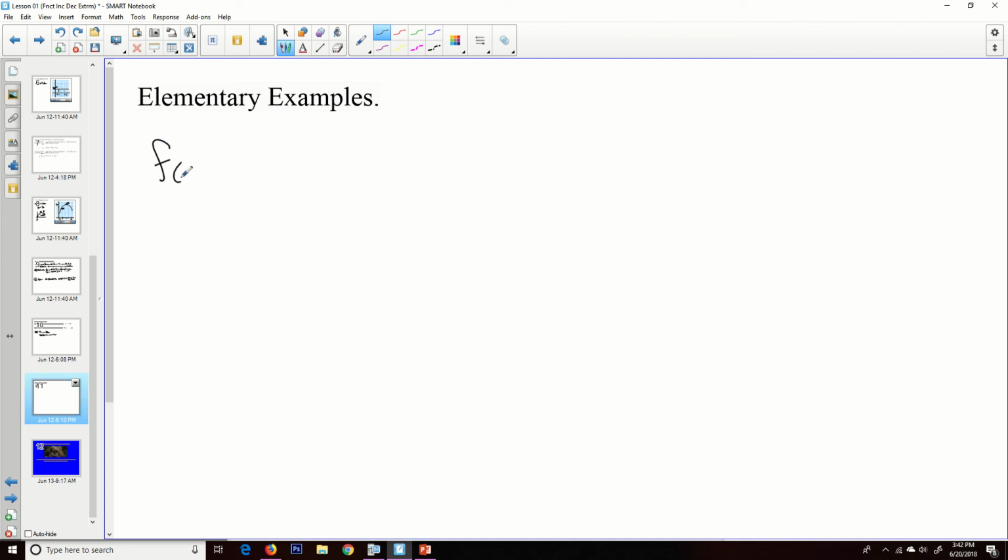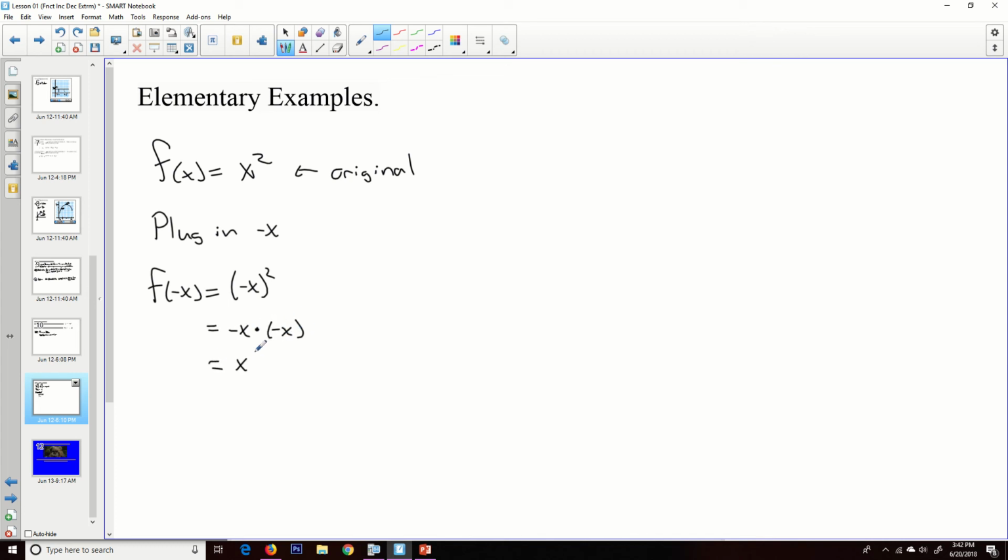So let's talk about two elementary examples. Let's talk about f of x equals x squared. This is going to be an example of an even function. This is the original. If I plug in negative x, so f of negative x, I get the quantity negative x squared, and we know that negative x squared would be negative x times negative x.